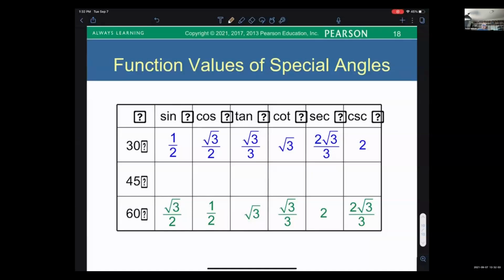That doesn't mean you have to sit and stare at this table until you memorize it, but these angles end up being so commonly used that once you have to recreate them enough times, you start to just remember the answers. And so it might be helpful to review this table and look it up in the future. I think this question mark here is just supposed to be a degree symbol.